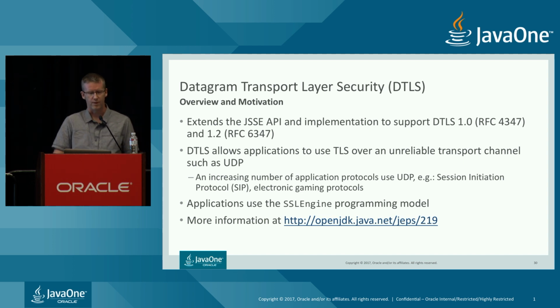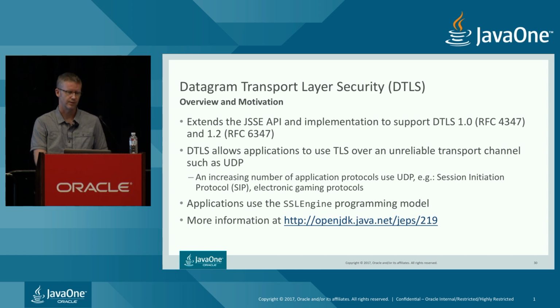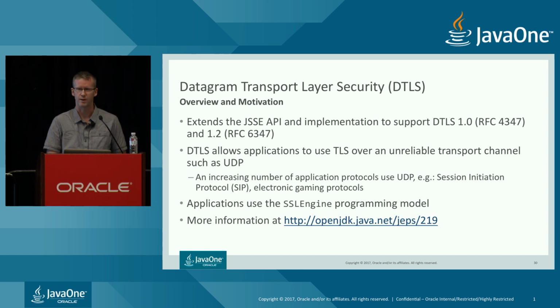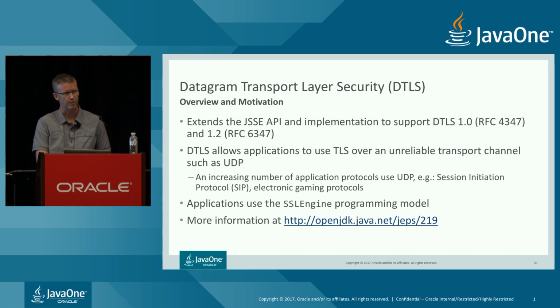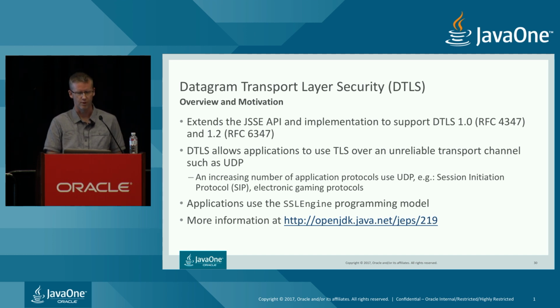An increasing number of application protocols are using UDP, things like session initiation protocol, electronic gaming protocols. So now we're providing a way for them to establish a secure session layer between their Java clients and Java servers, or any other servers. Applications use the SSLEngine programming model if you want to use DTLS, and more information is at JEP 219.